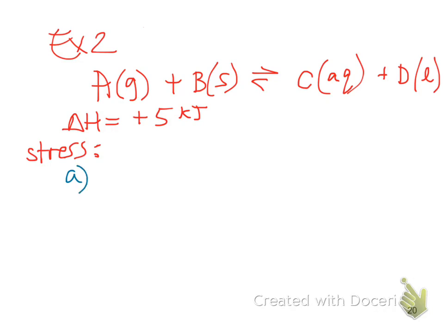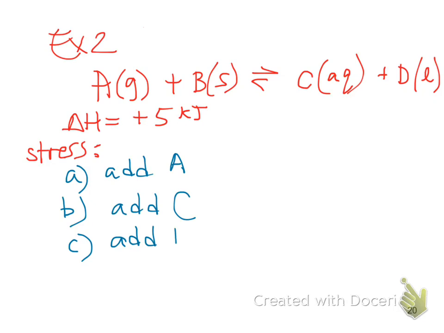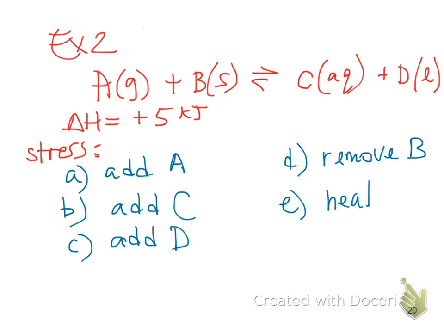Stress A: add A. Stress B: add C. Stress C: add D. Stress D: remove B. Stress E: heat the reaction. And stress F: cool the reaction. Okay, talk with your partner about what the shift should be and why.